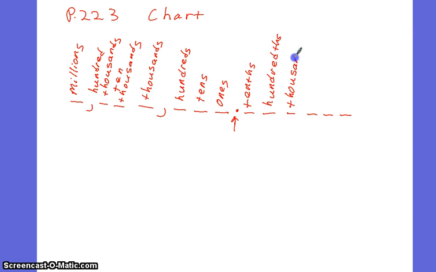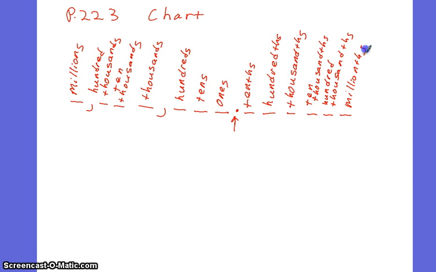Thousandths. And then 10 thousandths. Hundred thousandths. And then millionths.